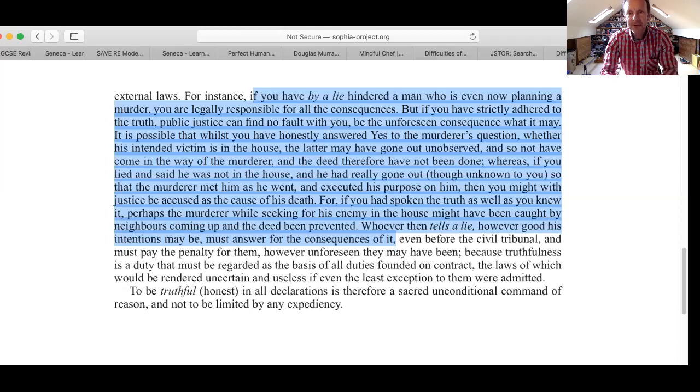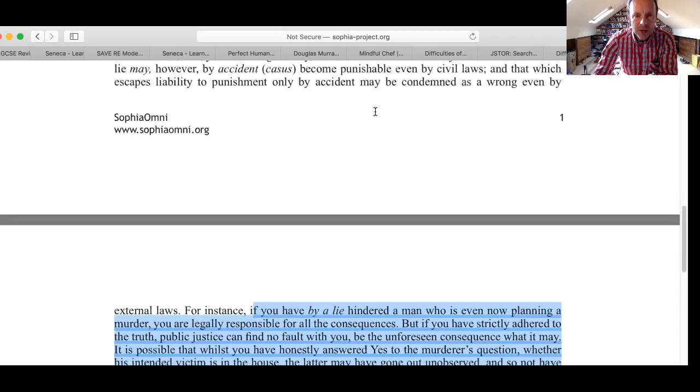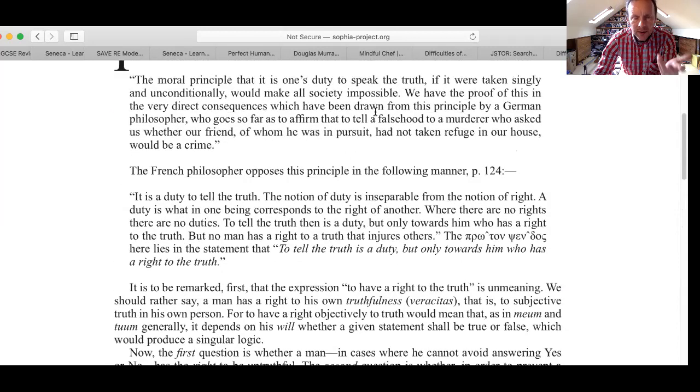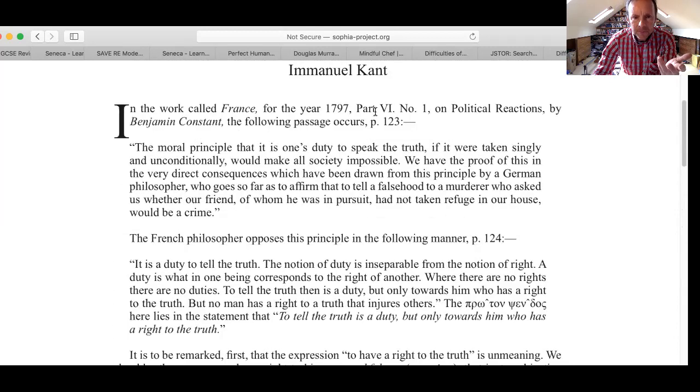Now, there's this famous example of the philosopher Benjamin Constant in 1797.